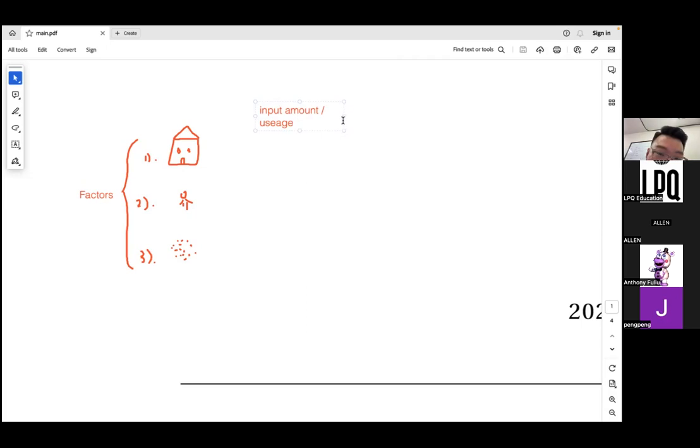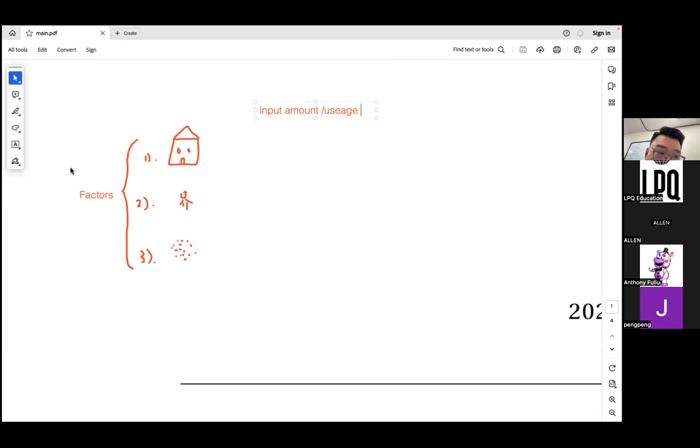What do I mean by input amount? How many units of each type of resource you need to use, maybe per month. How big is the usage of each type of resource? I can count, I can measure.